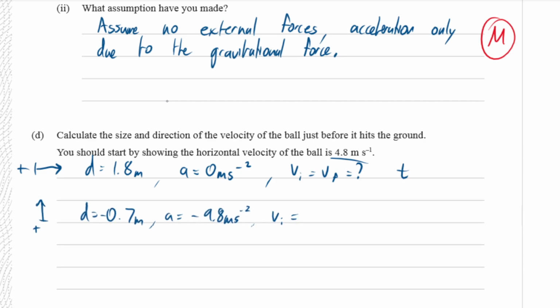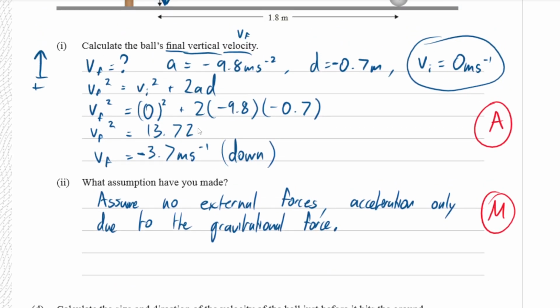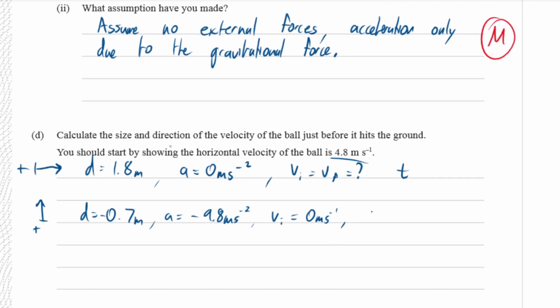Initial velocity was 0, and we actually worked out the final velocity, Vf, negative 3.7 meters per second. Right, negative meaning it's acting down. And so we have 4 parameters, which is more than we need, and we're solving for t.